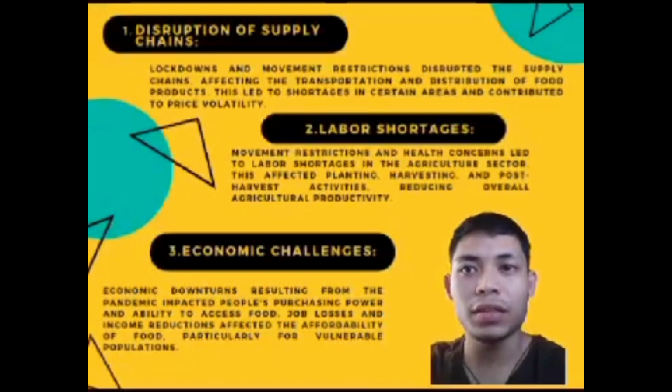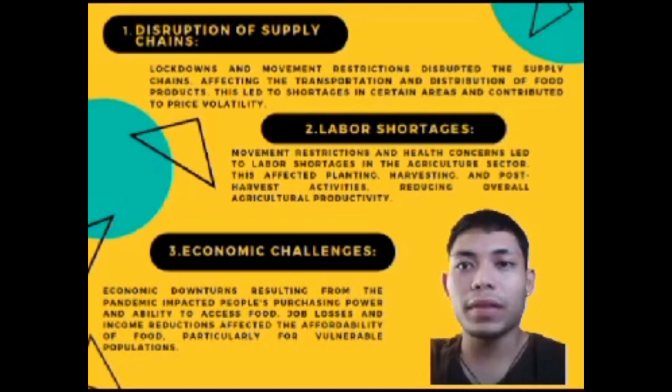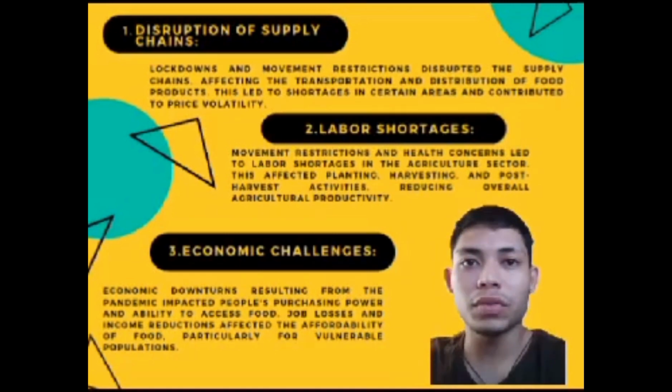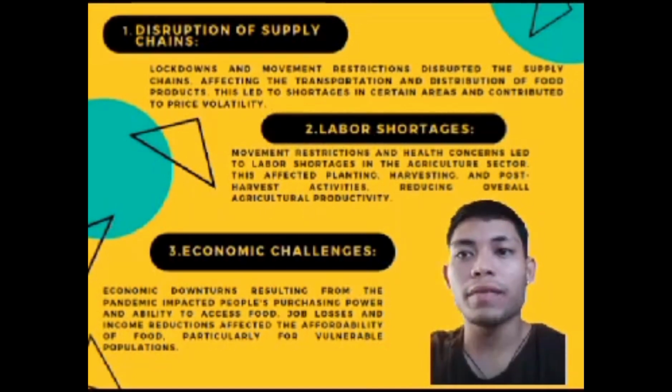The second, the disruption of supply chains. Lockdown and movement restriction disrupt the supply chains, affecting the transportation and distribution of food products. This led to shortage in certain areas and contributed to price volatility.